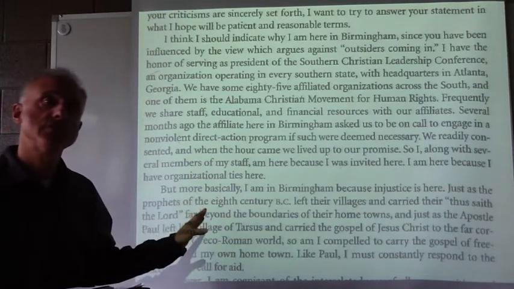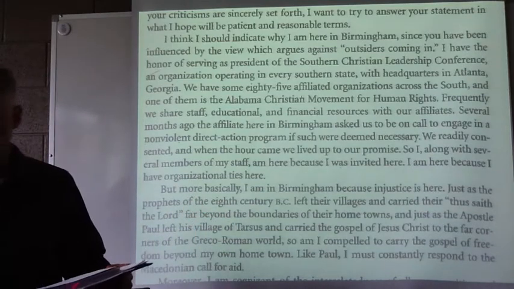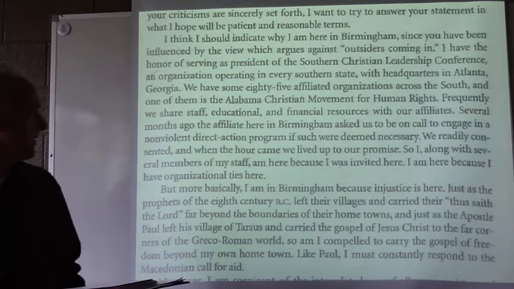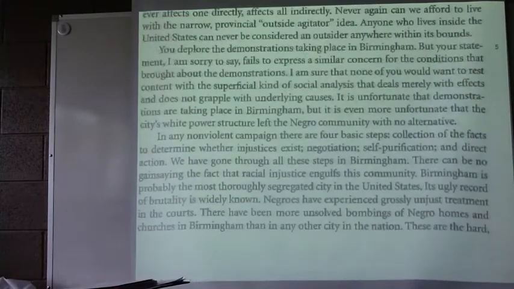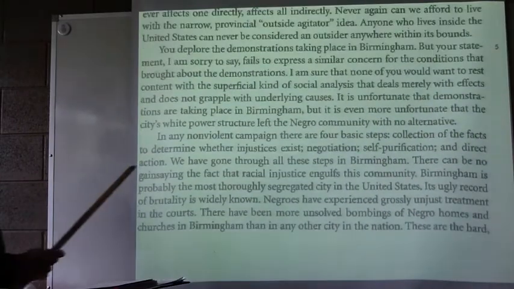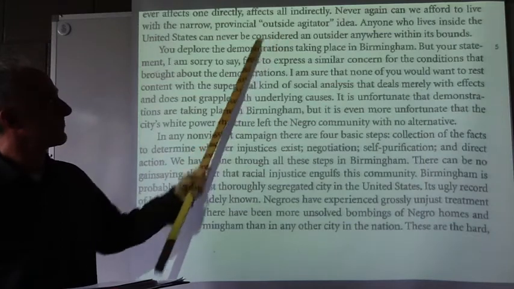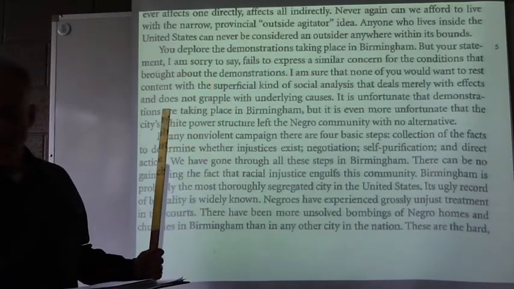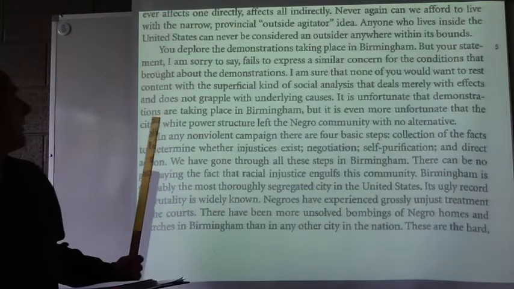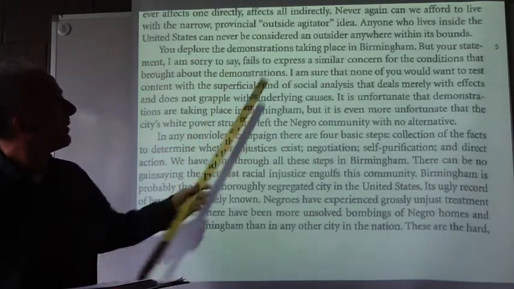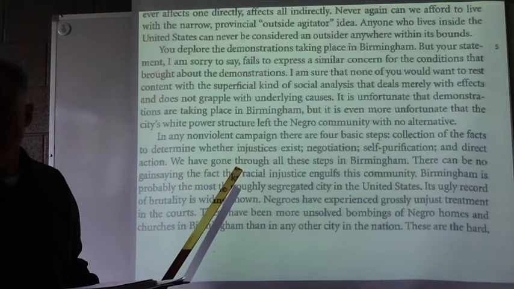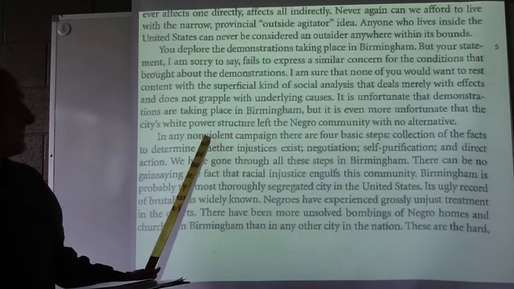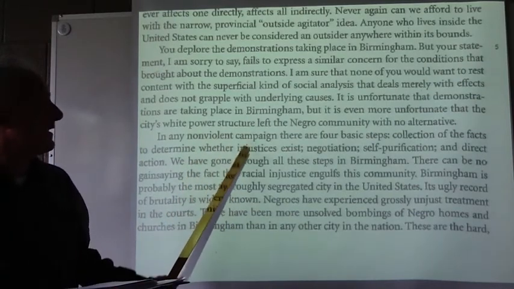So I'm starting on page 262, and right here we get, well, here too in this paragraph before it, you deplore the demonstrations, and you deplore also the nonviolent campaigns.